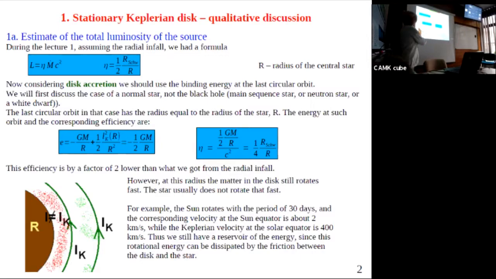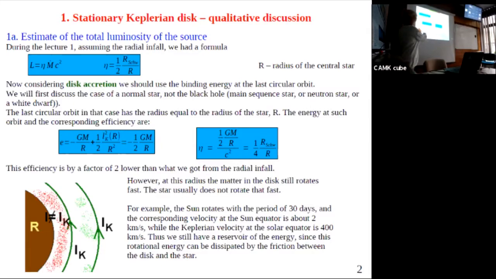Why is that? Because still this material contains a lot of kinetic motion, rotational velocity, right?